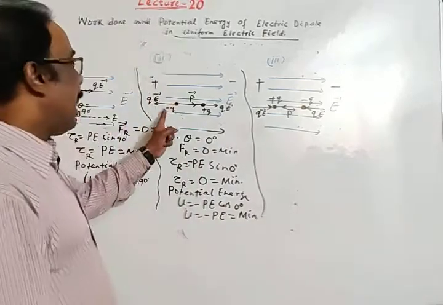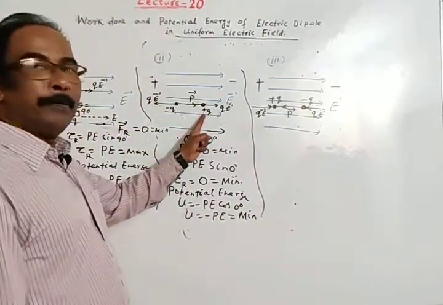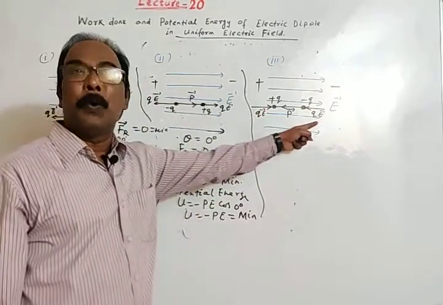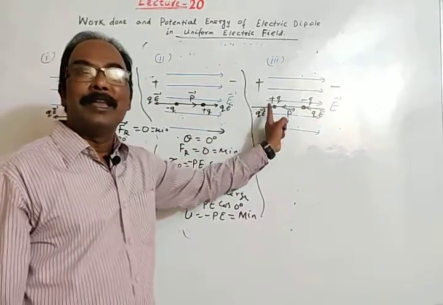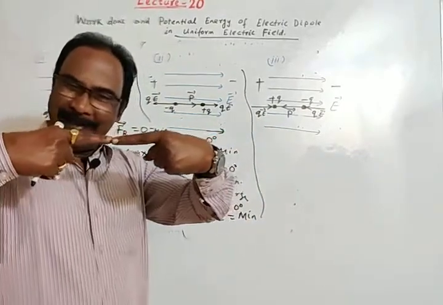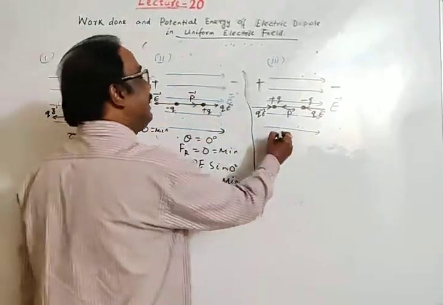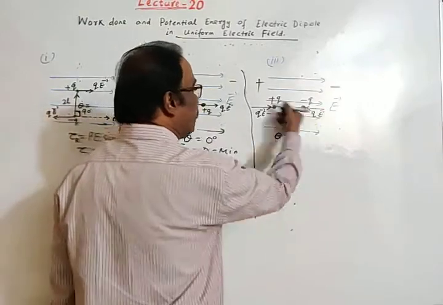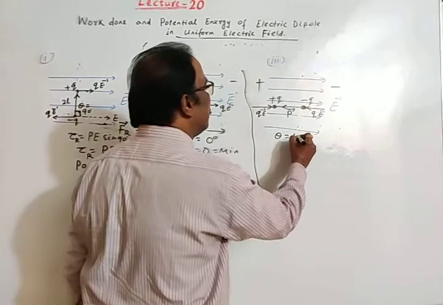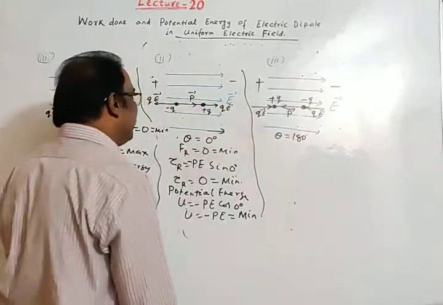Again, as in case 2, between these two forces there is no perpendicular distance. These two forces have the same line of action. The angle between dipole moment and electric field: they are opposite in direction, so theta is 180 degrees.